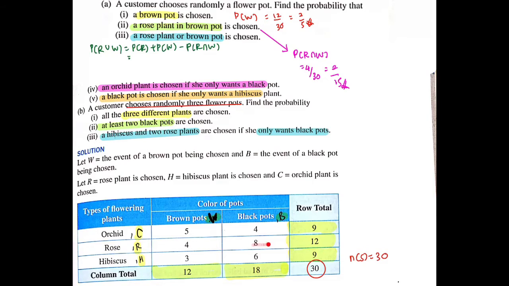The total for row R here is 12. So it is 12 over 30 plus P(W). We already found the answer for P(W) just now, 2 over 5, minus the probability of R intersect W. We already found it before. It's 2 over 15. So let's minus 2 over 15. Just use your calculator. The answer will be 2 over 3.